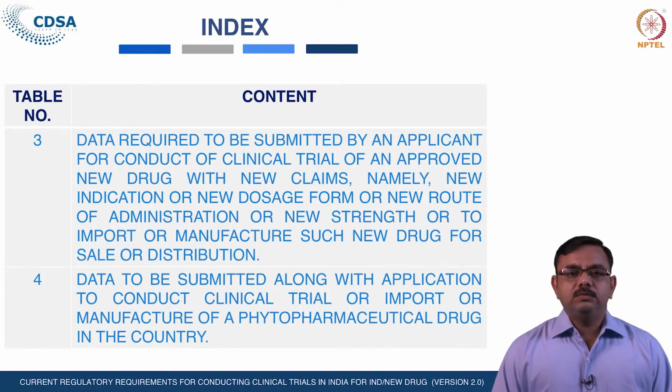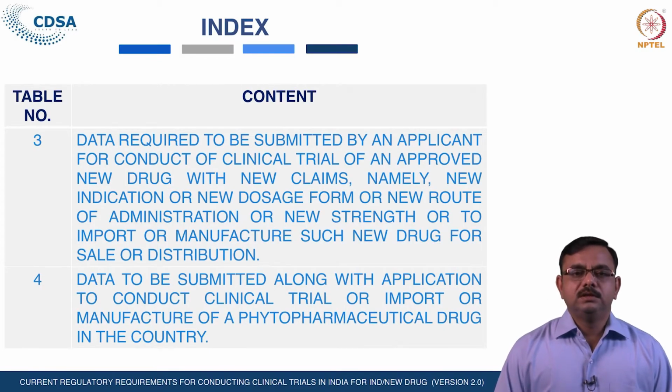Then we are moving towards table number 4 of this schedule. It is related to the data requirement for phytopharmaceutical drugs. We have seen the definition of phytopharmaceutical in our very initial lectures. It is a drug which has a minimum of 4 bioactive ingredients.